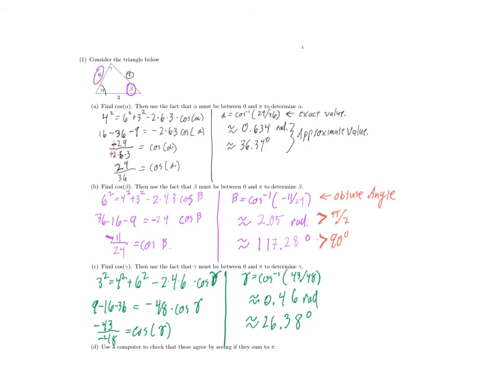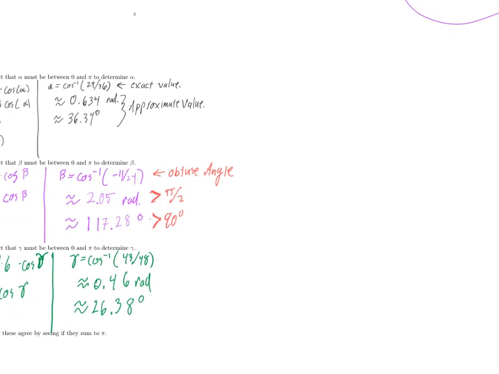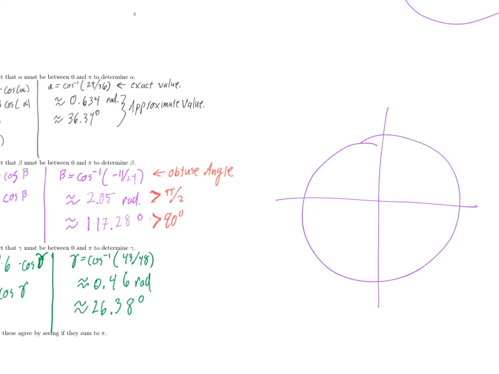So beta must be the inverse cosine of negative 11 over 24, and you'll notice there that I say that is an obtuse angle. Why is that an obtuse angle? Well, let's draw it. If you want the inverse cosine of that negative number, there's the unit circle. There is this negative x value.